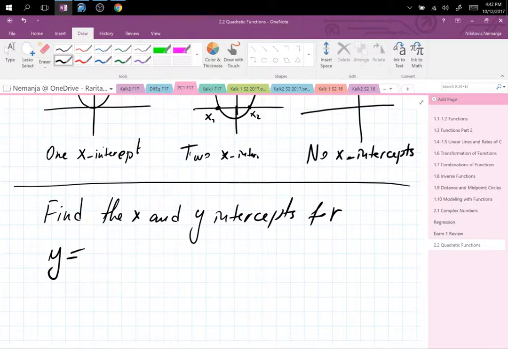Well, I have to make it up. So x squared plus 5x plus 6. So find the x and y intercepts for this.